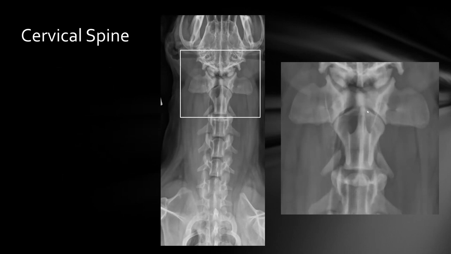You need to be aware that the larynx and the cartilages and then the trachea are superimposed with this part of the spine, and the cartilages in those structures can potentially mineralize or be opaque and potentially be mistaken for an abnormality. So just be aware that you have your airways in the way here.